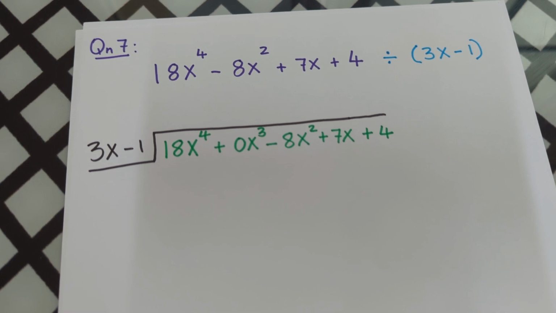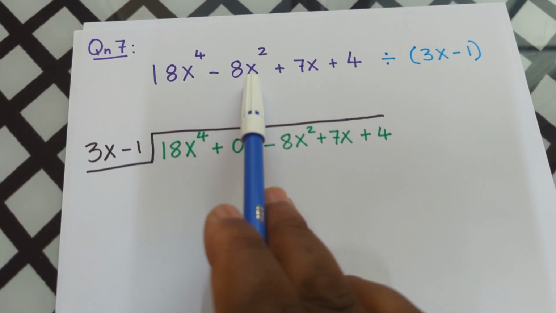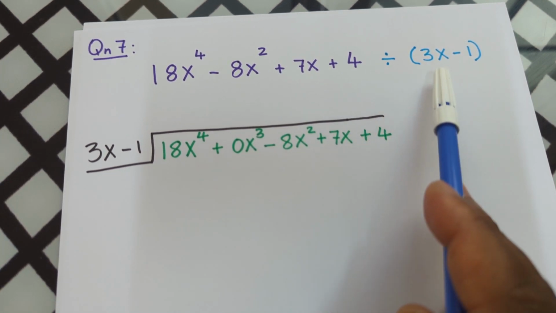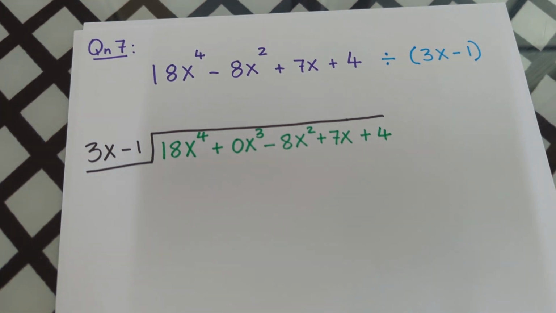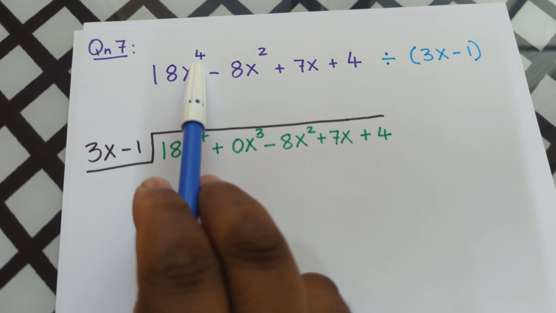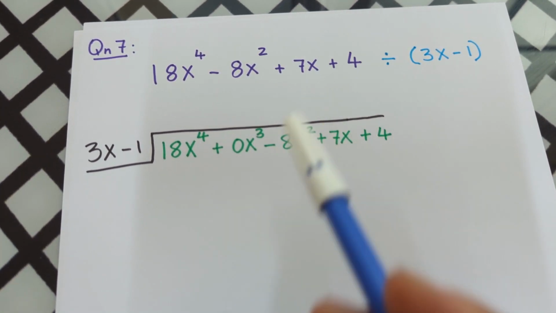Moving on to question number 7, we are given 18x to the power 4 minus 8x squared plus 7x plus 4 divided by 3x minus 1. Now, when we look at our exponents, this polynomial is a degree of 4. So the first exponent here is 4, the leading one, followed by 2, followed by 1, and lastly by 0.